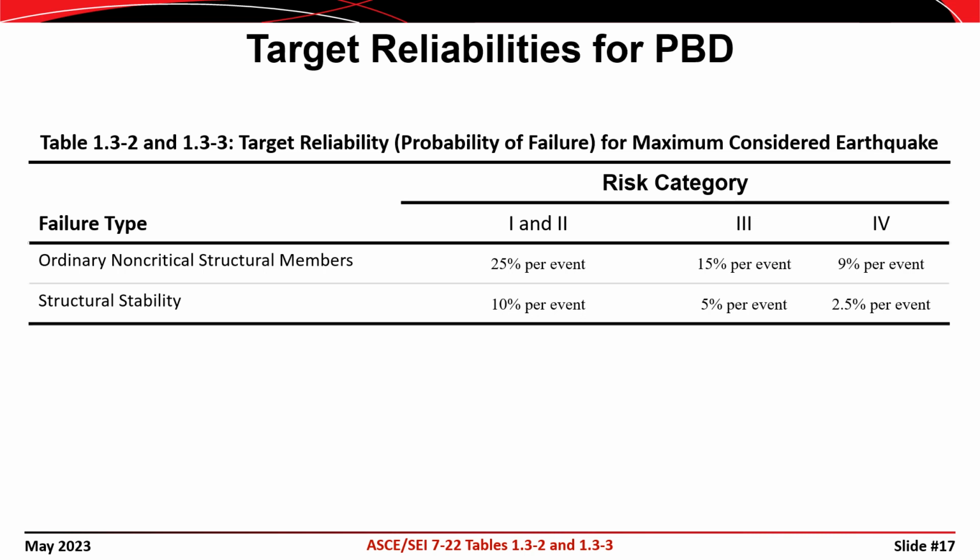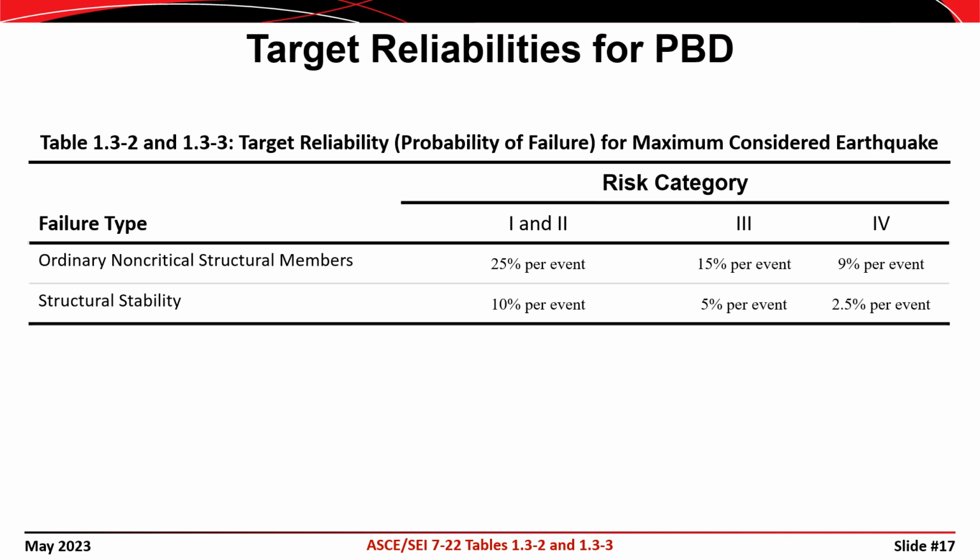Okay, the table on this slide shows the target reliabilities for earthquake events. And so this is for a maximum considered earthquake, which is basically an earthquake that has a mean recurrence interval of 2,500 years. And we'll come back and talk about that at the end of this lecture, but basically it's the mother of all earthquakes.